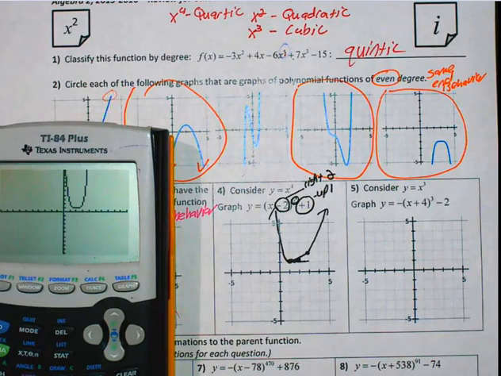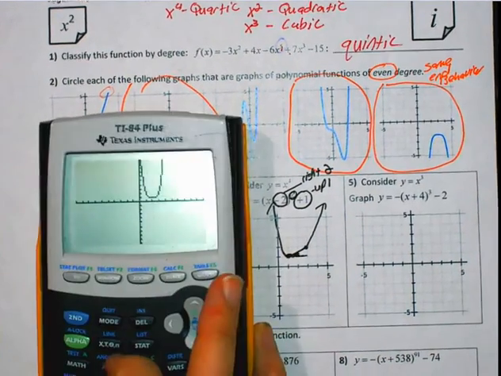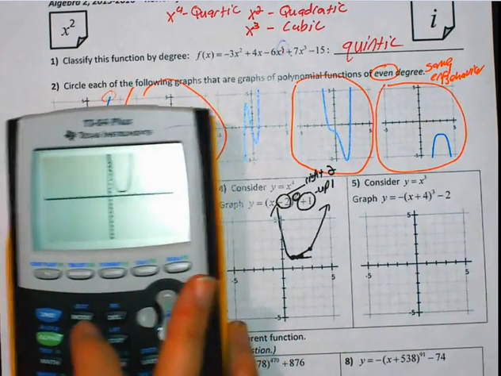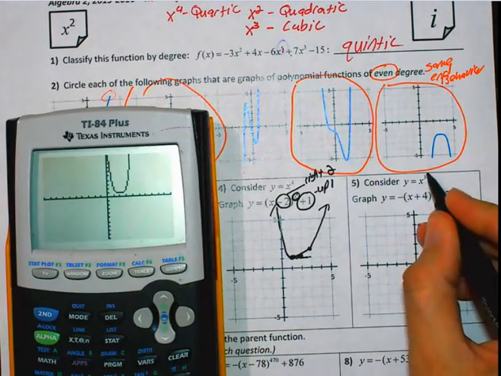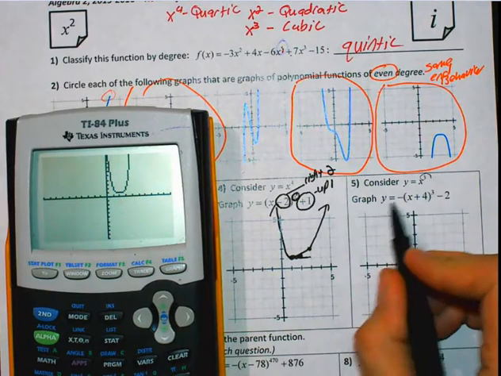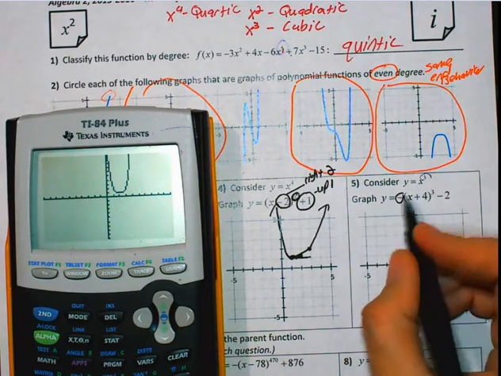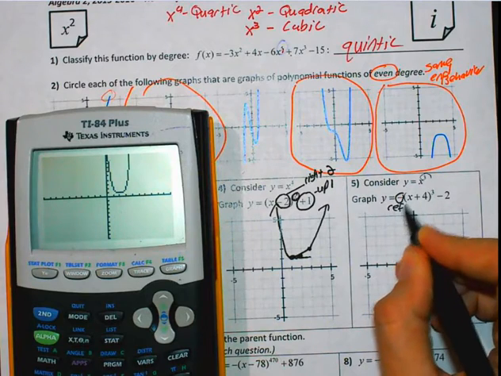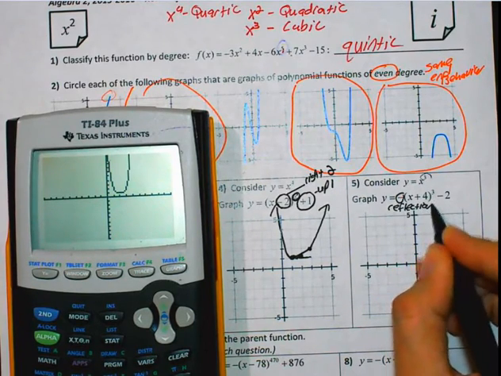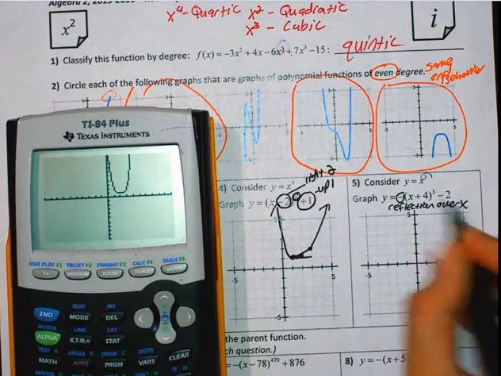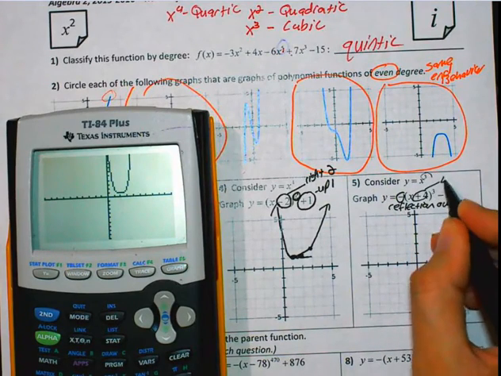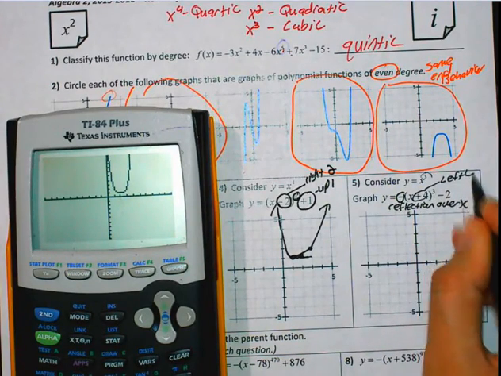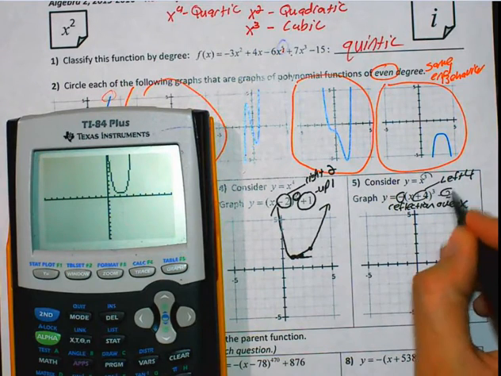All right, if we look at the next one, first try to see what the transformation is before you put it in the calculator. I have cubic, okay, and I see this negative in front means that it's going to be a reflection over the x-axis. The plus 4 means to the left 4, and the minus 2 means down 2.